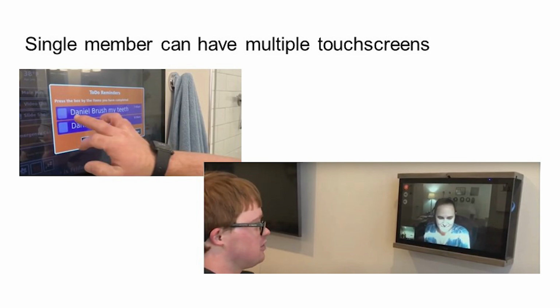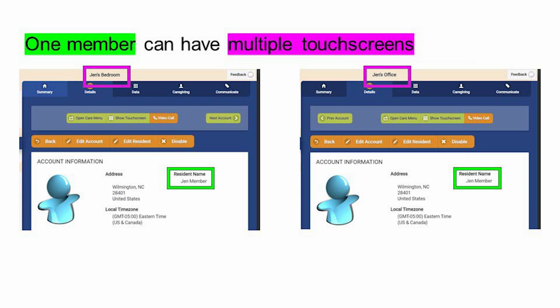And you see single member Daniel, in this case, we're using as a hypothetical member, has a touchscreen in what looks like a TV room or a living room where he can video call Alexandra, the user. But Daniel, that same member, has another touchscreen in the bathroom there in the top left. So one member can have multiple touchscreens.